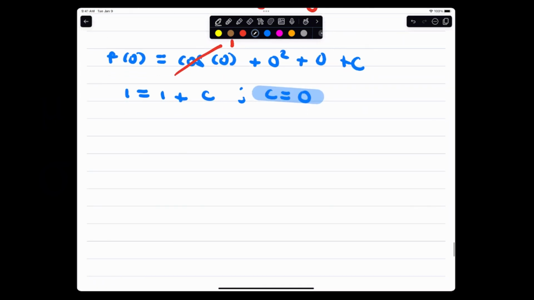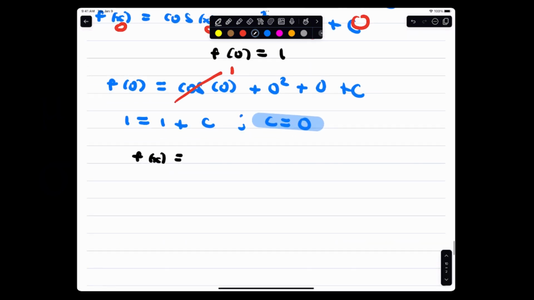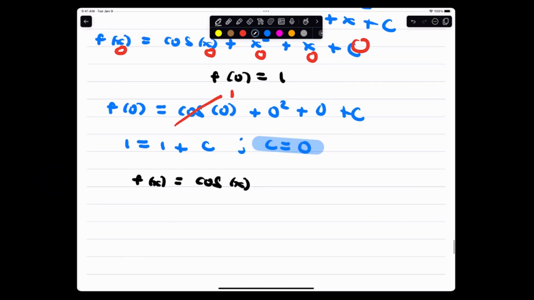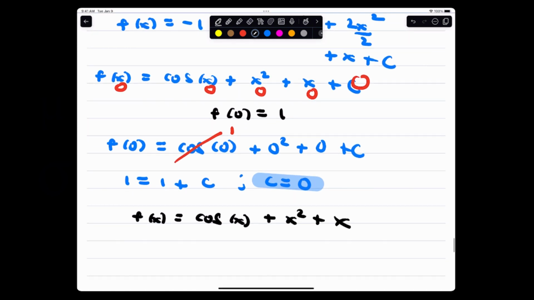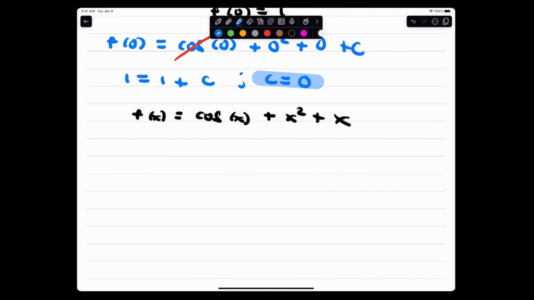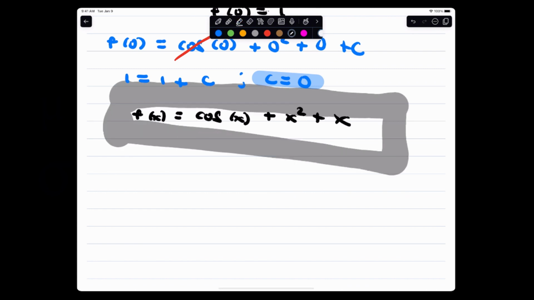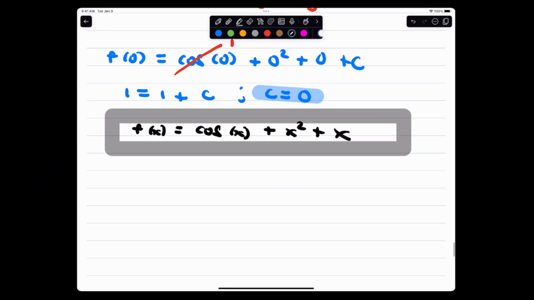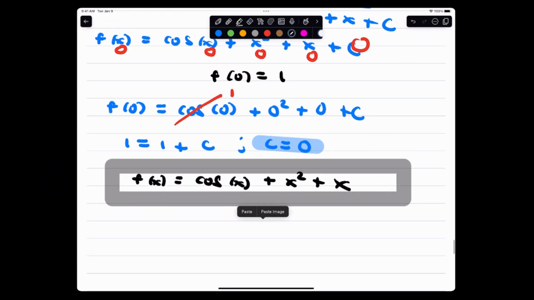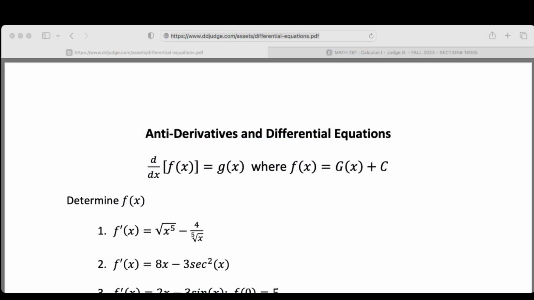So what does that mean about your function? That means you're done. The function was cosine x plus x squared plus x plus 0. That means you are what? Done. This is the particular solution, ladies and gentlemen, for all of these antiderivative questions that I have here.